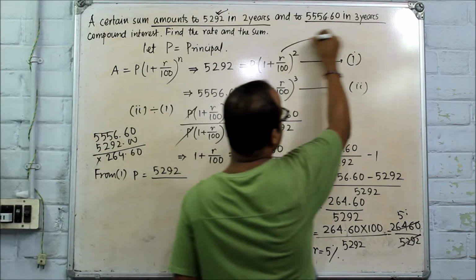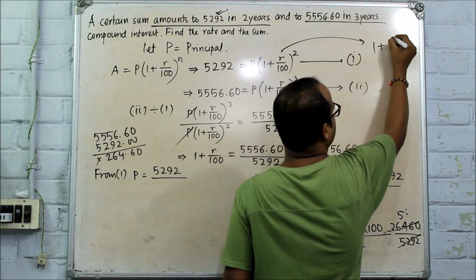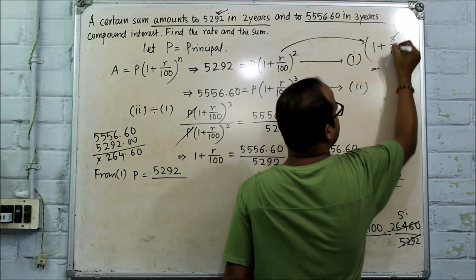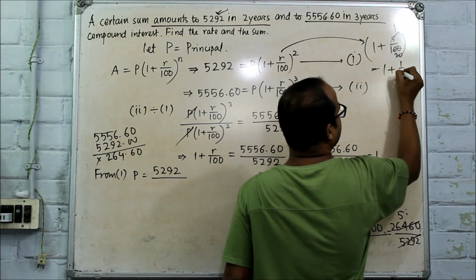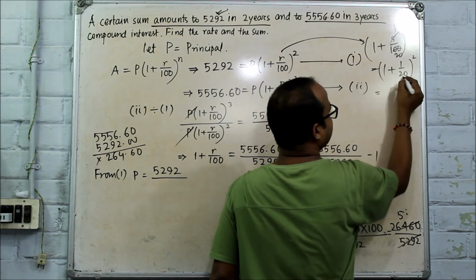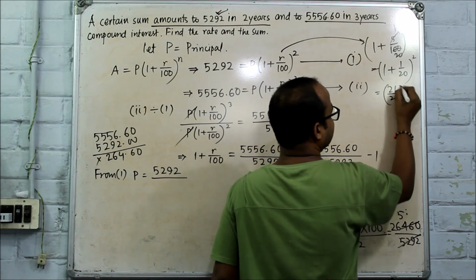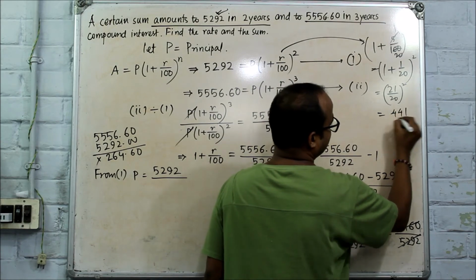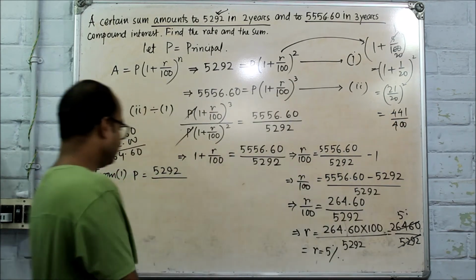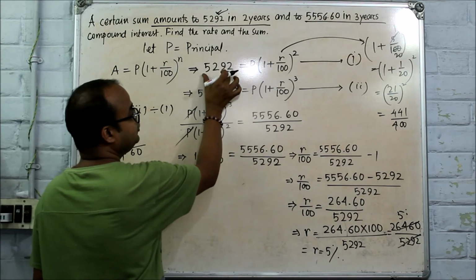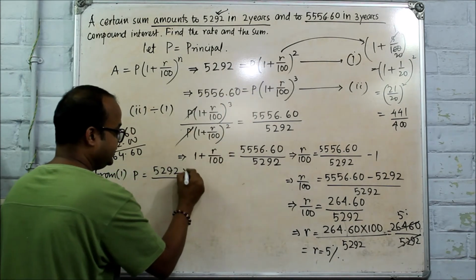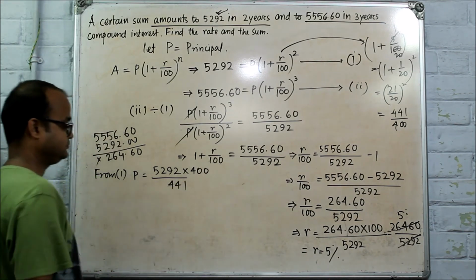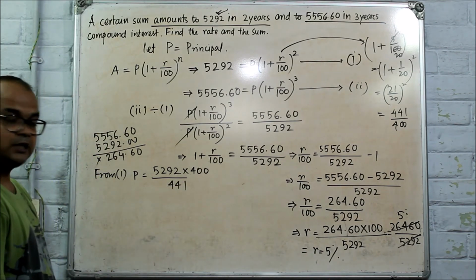So if I simplify this term, 1 plus R value is 5, 5 by 100, 5 1 ja 520, 1 plus 1 by 20 whole square, so this will be equal to (21/20)^2. So 21 square means 441 by 400. So P is 5292 divided by this, so multiplied by 400 by 441. Clear?